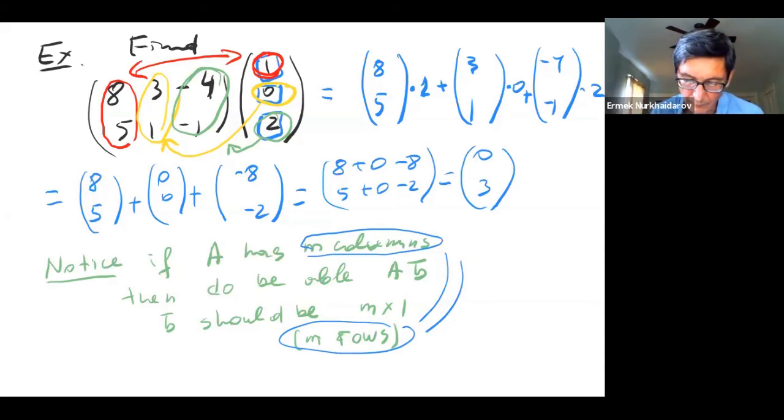So maybe the shortcut notation, I'll put it somewhere here. AB. If A has dimension m times m, B should have dimension m cross 1. The numbers in the middle should be the same.